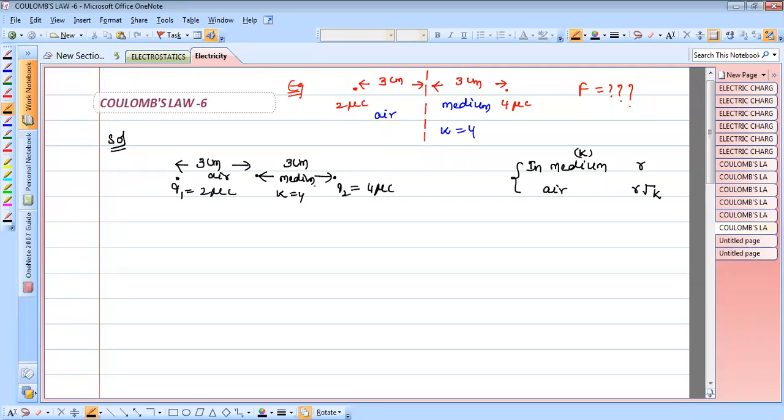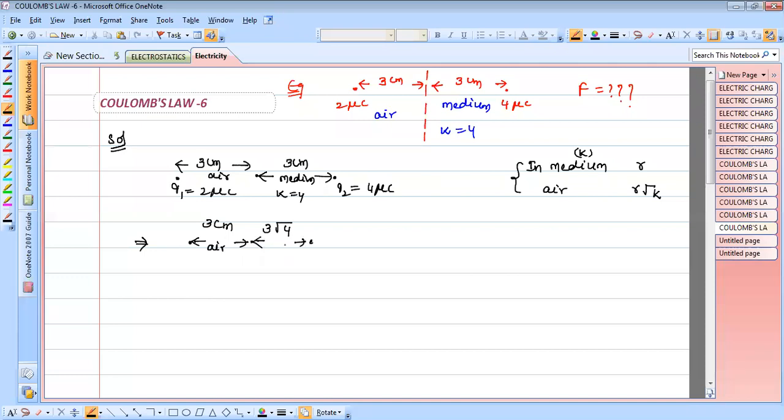Now if you replace the medium with air, this 3 centimeter is purely air. In a medium, the 3 centimeter distance, if replaced with air, is R into root K, that means 3 centimeter into root 4. Now this is the distance.